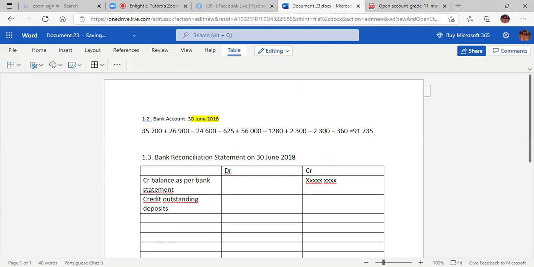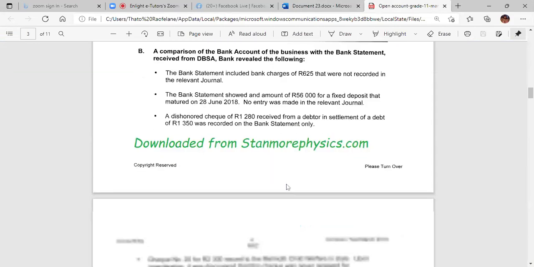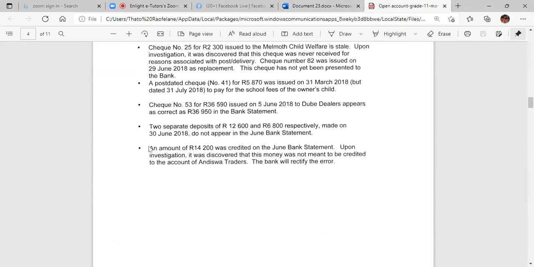Do we have any outstanding deposits? Let's look at them. The second last statement is two separate deposits of 12,600 and 6,800 respectively made 30 June 2018 do not appear in the June bank statement.